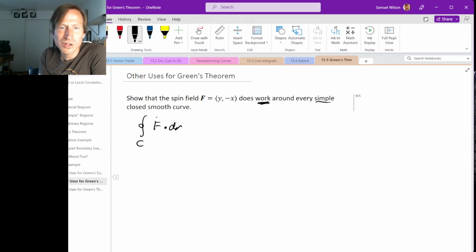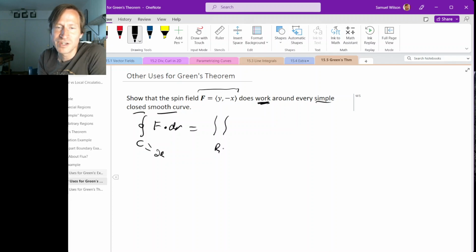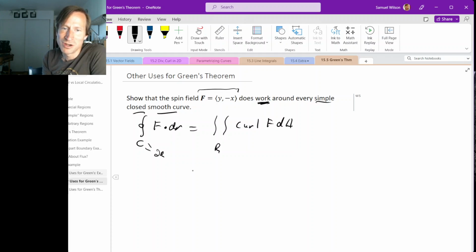So work is an integral around a curve of f dot dr. But a simple closed smooth curve is the boundary for some region. But then we can use Green's theorem, right? This vector field is defined everywhere, so it's safe to switch to a double integral over the region R of the curl of f dA. So what is the curl of f?